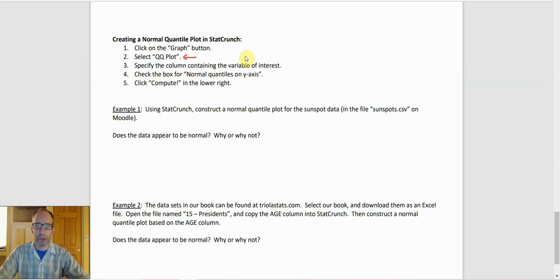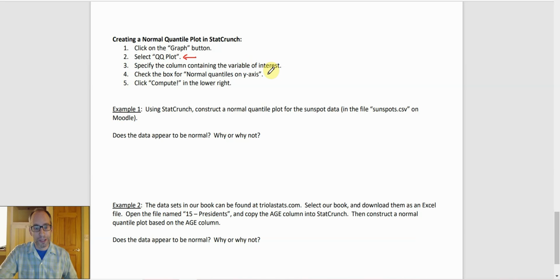QQ-plot is actually a more general term, where the QQ just means quantile. So you could do it for any two samples to see if they have the same distribution, because then that general idea makes more sense. That's not really what we're going to use it for. So in order to make it a normal quantile plot, there's a box you have to check, which is in step 4.